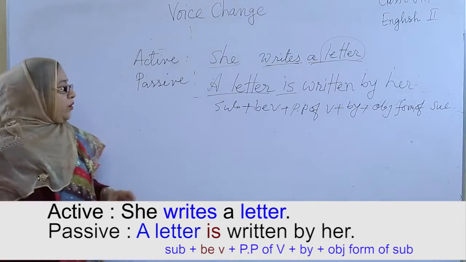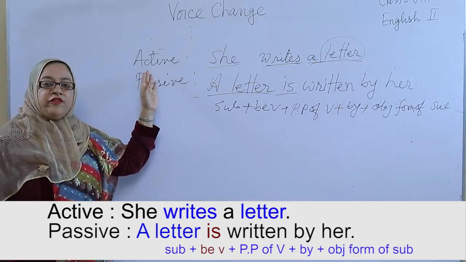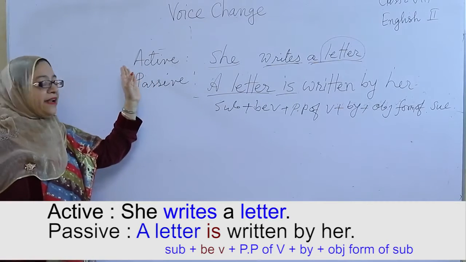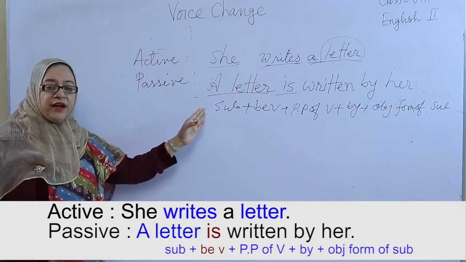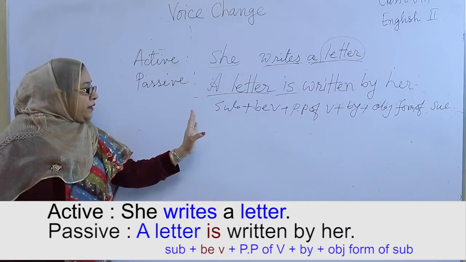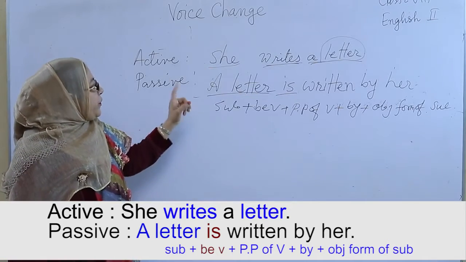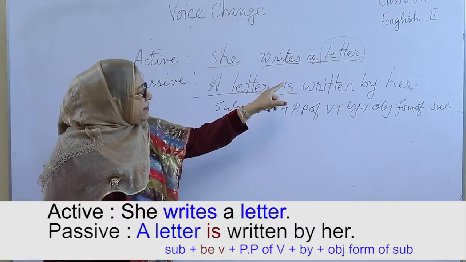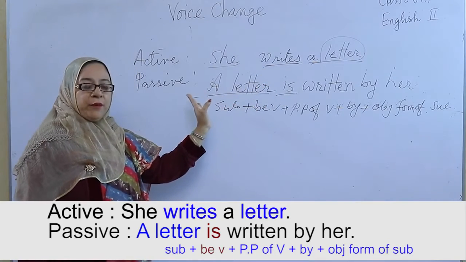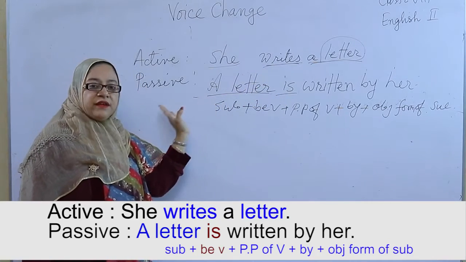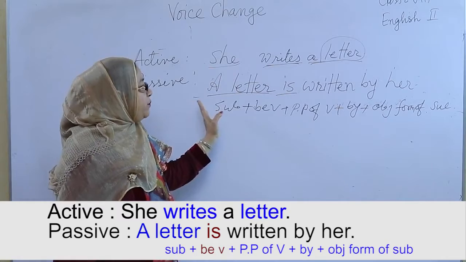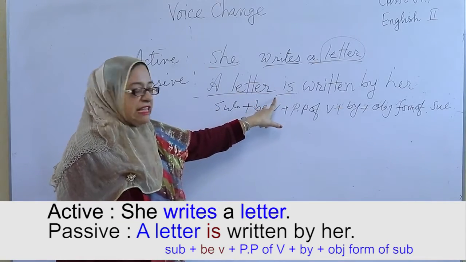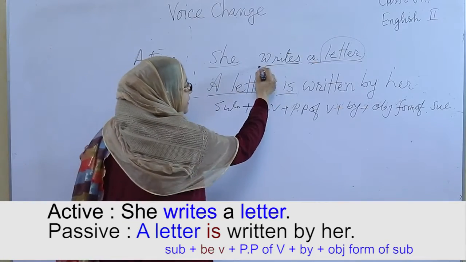This is the rule how we turn active to passive. So we see that the object of the first sentence, a letter, becomes the subject of this sentence, and then I use the be verb is because it is present tense.